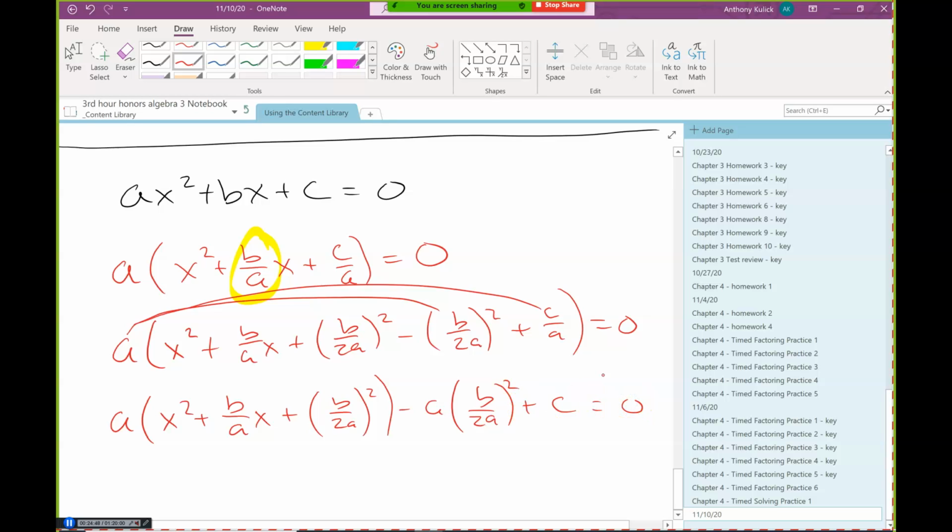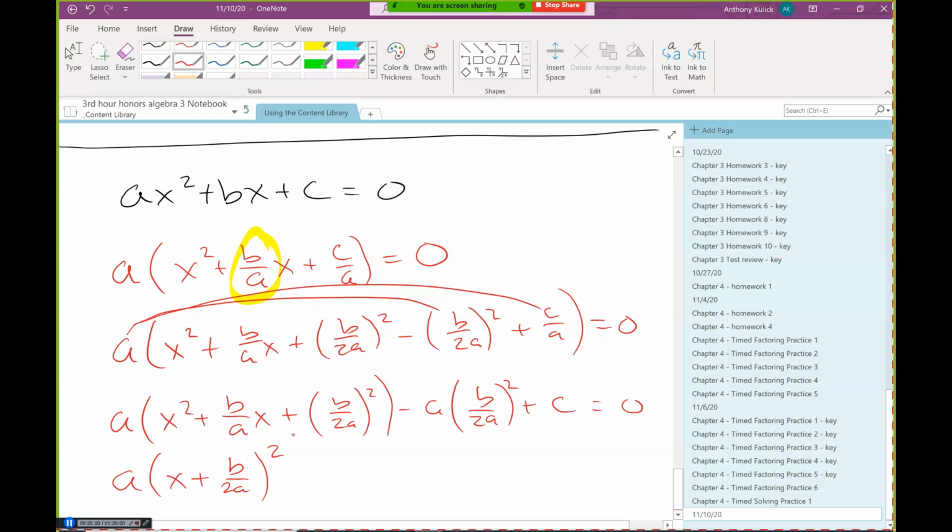Because A times C over A, the A's are just going to cancel, leaving us with C. So that quadratic part factors. It's going to factor to x plus that middle coefficient divided by 2, quantity squared. Go ahead and do b over 2a squared.